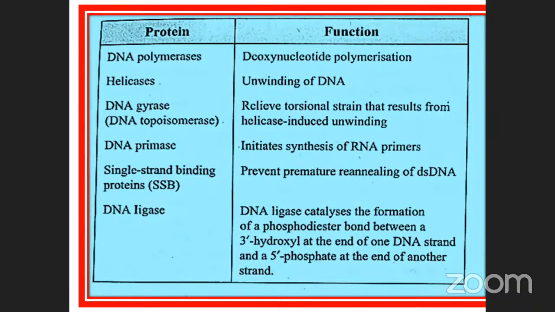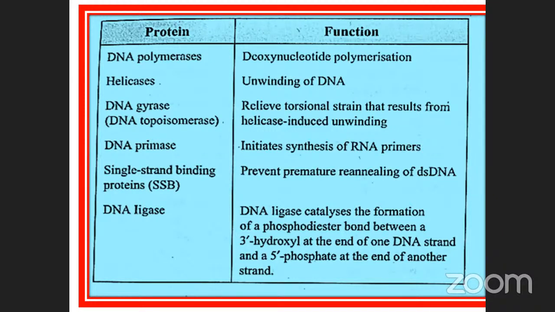DNA gyrase, otherwise called DNA topoisomerase. This is very, very important, my dear. It relieves torsional strain that results from the helicase-induced unwinding. DNA primase initiates the synthesis of RNA primer. Already you know DNA primase is essential for the synthesis of RNA primer. RNA primer is very, very important for the initiation of replication.